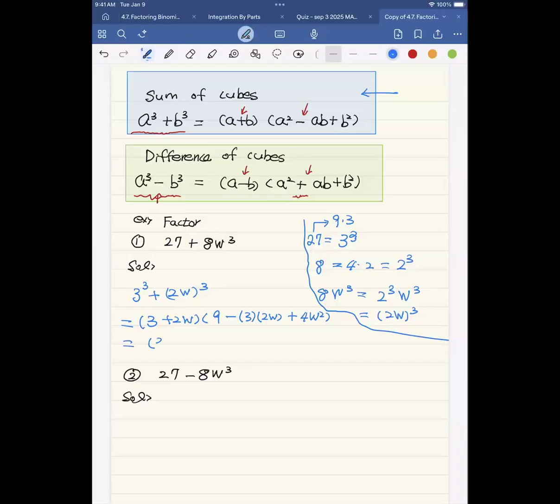So that becomes 3 plus 2w times 9 minus 6w plus 4w squared.